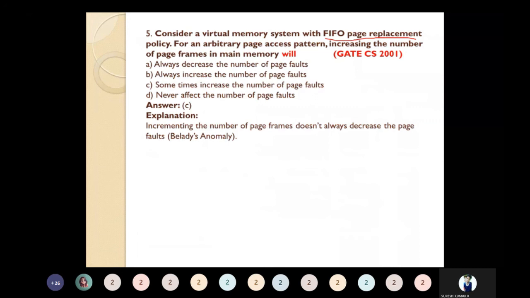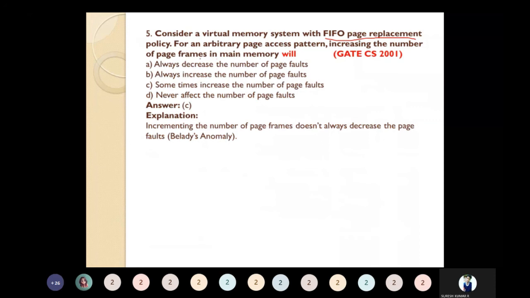I already told you that in page replacement, three methods are asked very frequently, and one of them is FIFO.